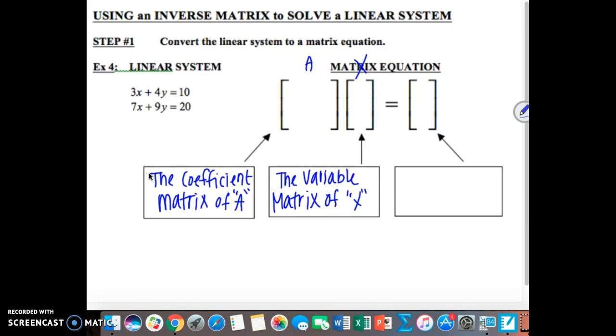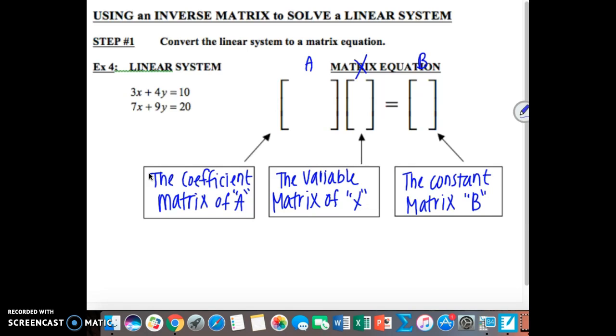And the last matrix on the right-hand side is called the constant matrix B. Again, we call it B just because that's what our resulting matrix is.